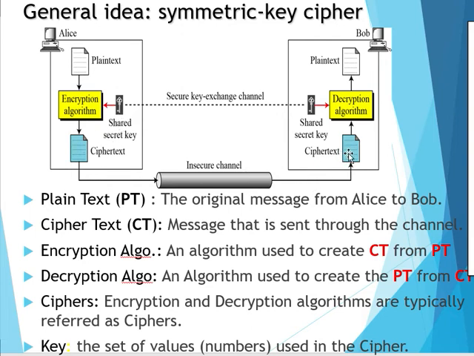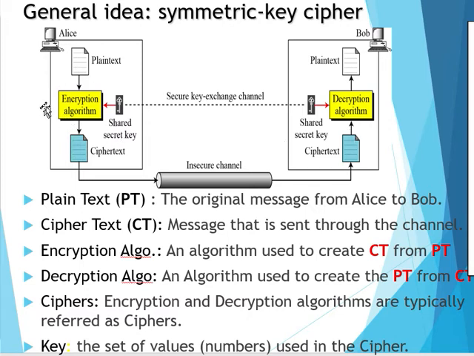Similarly, the ciphertext moves through the insecure channel and is passed to the decryption algorithm. To create the ciphertext from plaintext, Alice uses an encryption algorithm and a shared key, as we discussed.